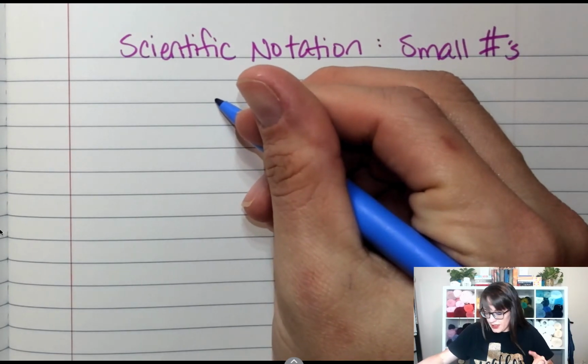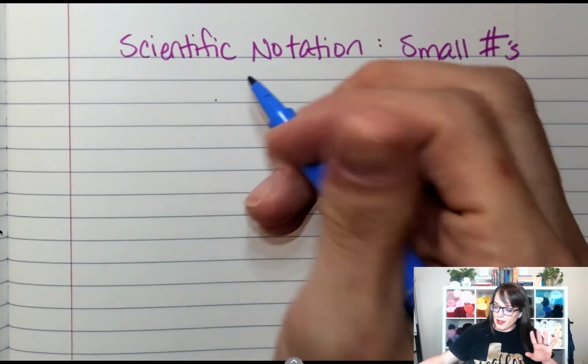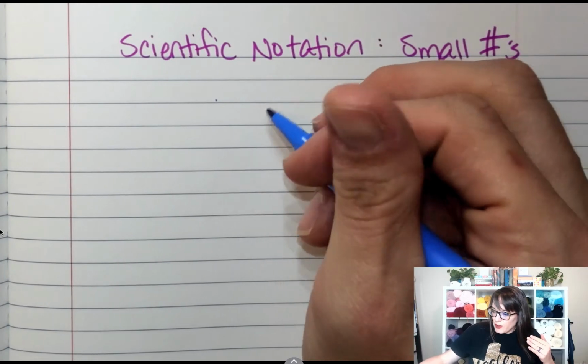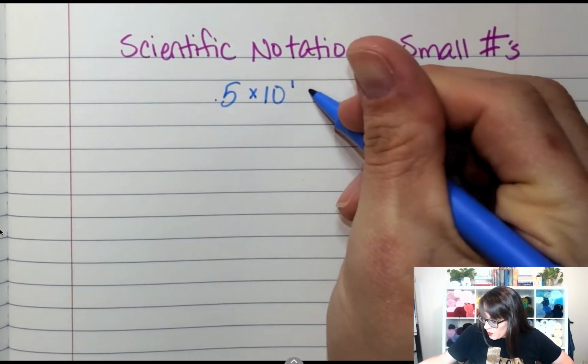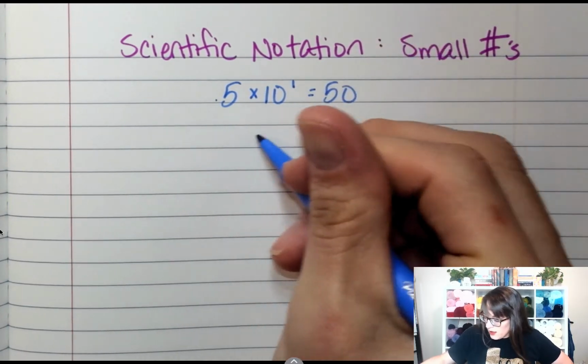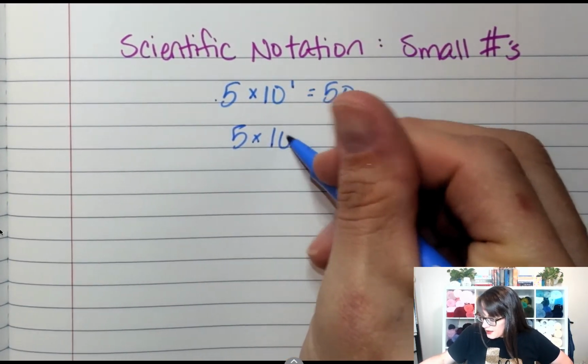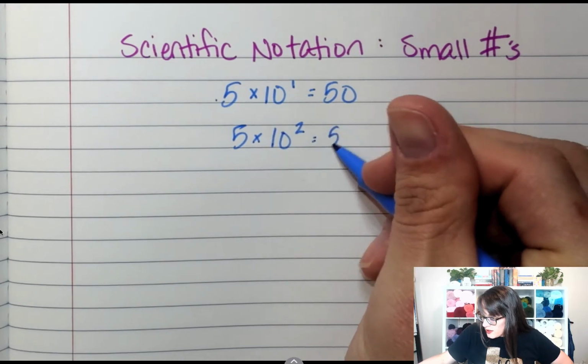So our example for today, well, let me back up. In our last lesson, we talked about how 5 times 10 to the first was 50, and 5 times 10 to the second was 500.